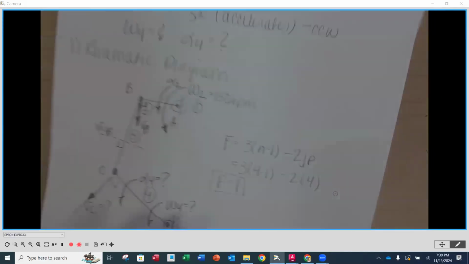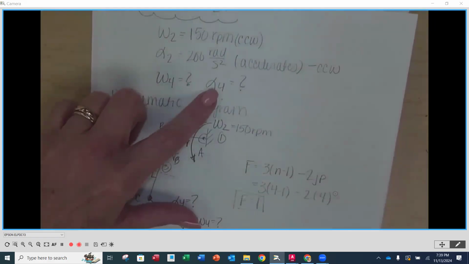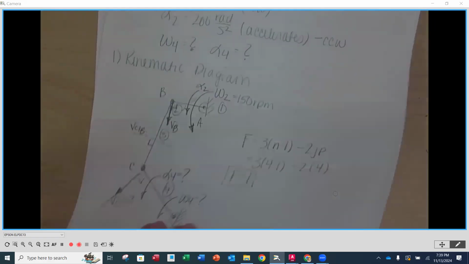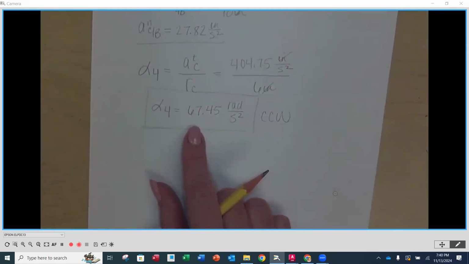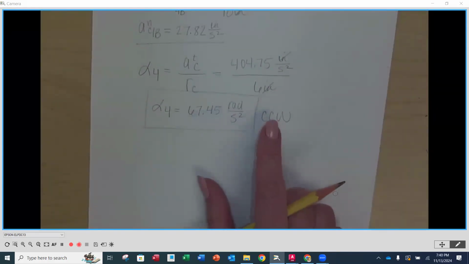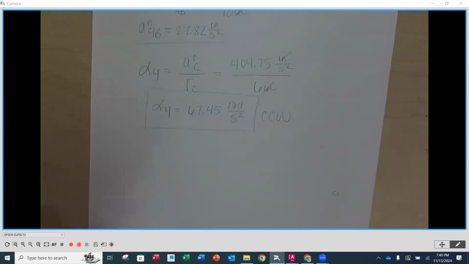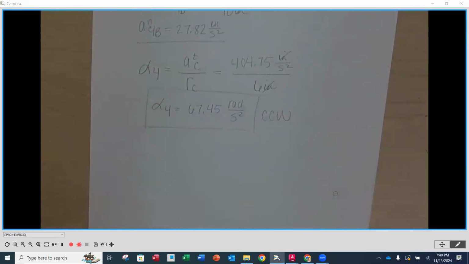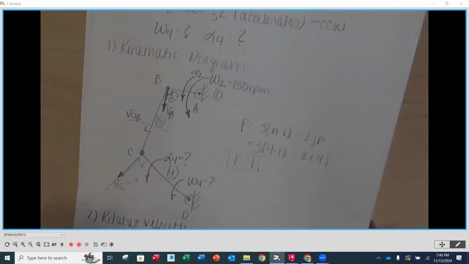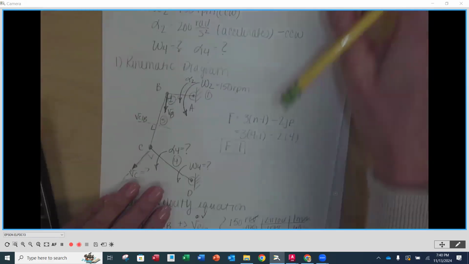And then we needed to find our angular acceleration for that very same link, and we just found it to be 67.45 radians per second squared. You can leave it at that. You don't need to flip this over to revolutions, as we've talked about, and also add the direction, in this case, of counterclockwise.